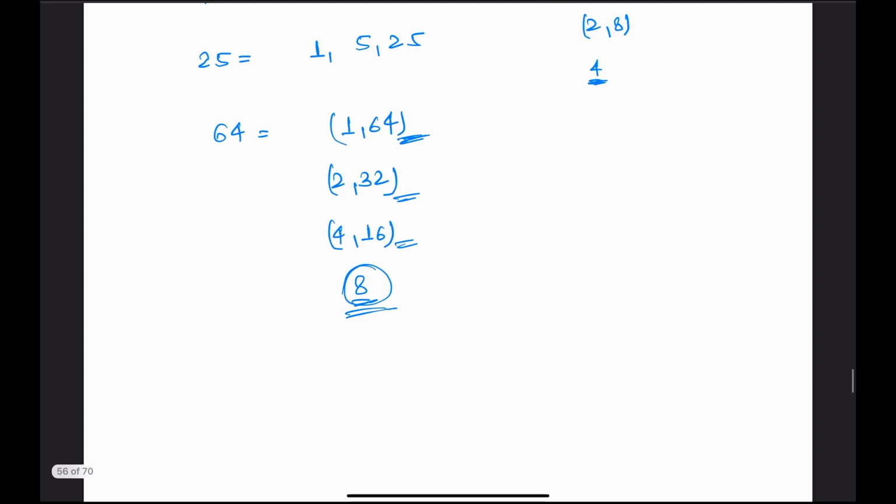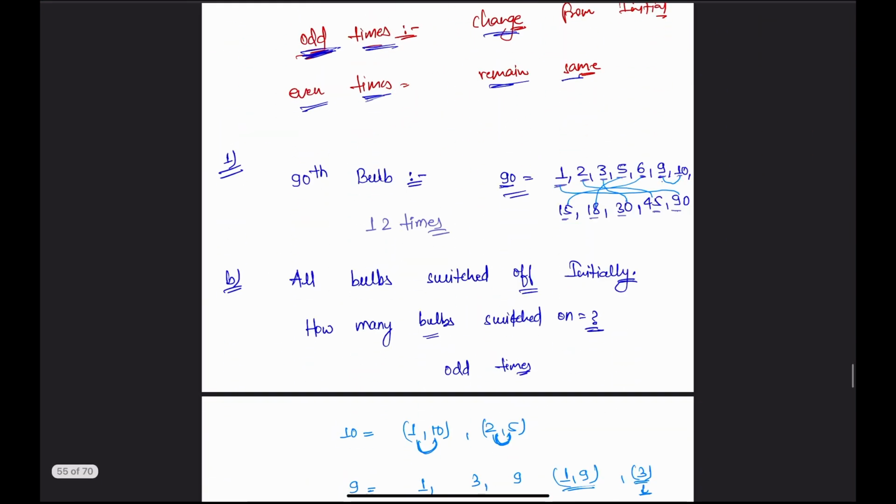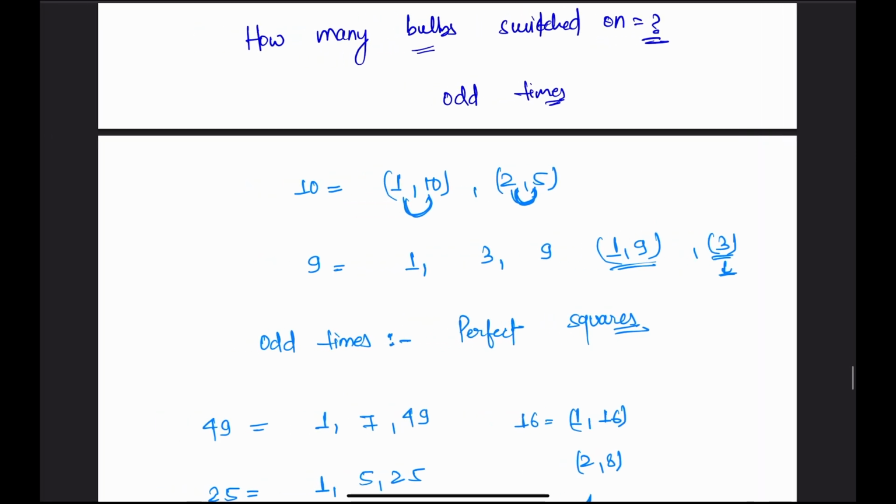So how many perfect squares are there till 100? So 1, 4, 9, 16, 25, 36, 49, 64, 81 and 100. So there are a total of 10. So the answer of B will be a total of 10.